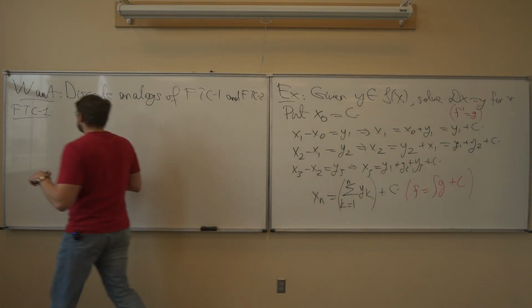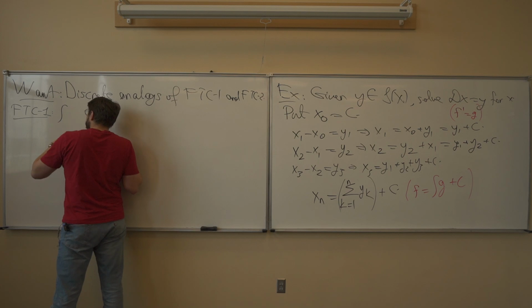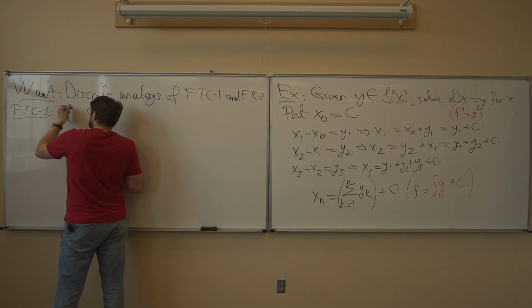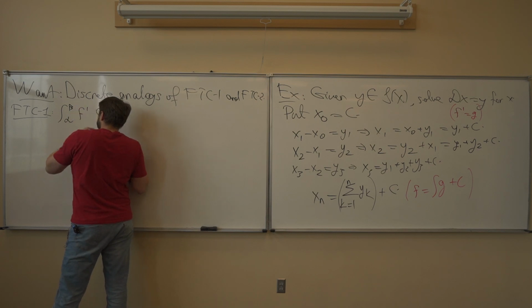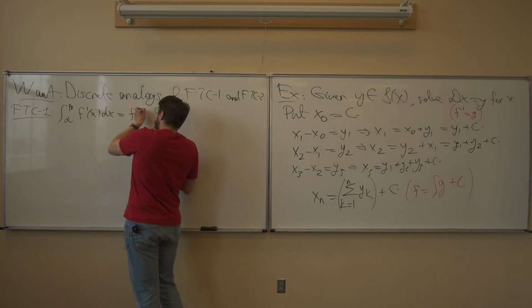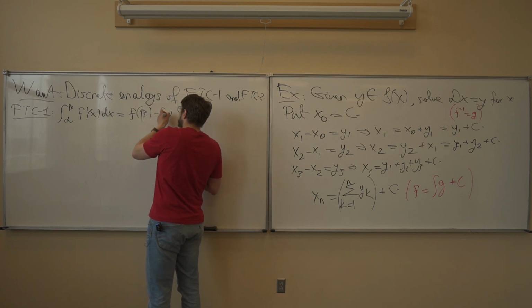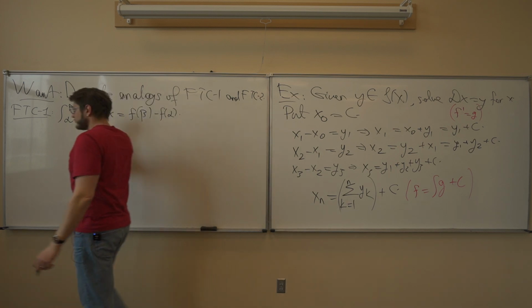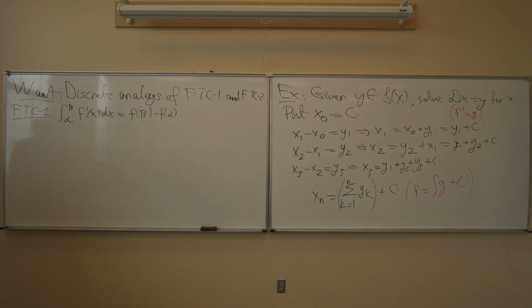I want a formula at the very least, and the formula should be something like this, right? So from alpha to beta, integral of, let's say, f prime is f of beta minus f of alpha. This is the first fundamental theorem of calculus, the bare bones of it, right? And there's a bunch of fine print, and you have to make sure that everything makes sense and all that stuff, but once you do, that's what it's going to say.